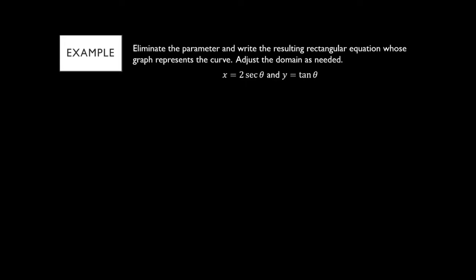So just like I did on the previous one, we're going to solve for secant and tangent. One's already solved for tangent, so we're just going to solve for secant. So x over 2 is equal to secant theta. Now we're going to use the Pythagorean identity 1 plus tangent squared theta equals secant squared theta. That's the only one that we have involving tangent and secant.